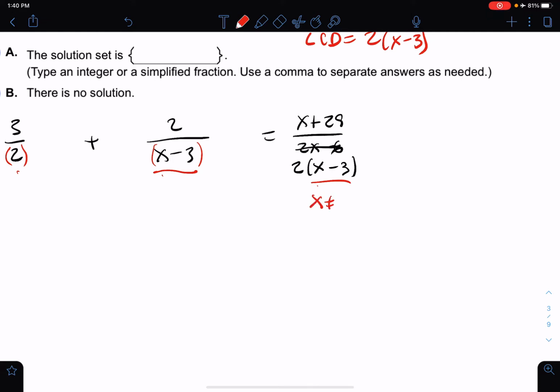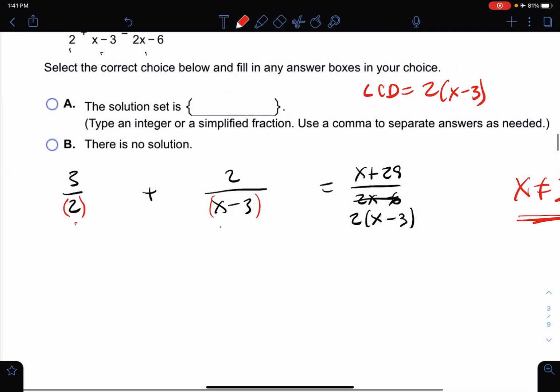If x equals a positive 3, then we would have 3 minus 3, which would make a 0, which we cannot divide by. So that's your only restriction. Let me get rid of some of that stuff. We've got to remember that at the very end, when we're finishing our problem and checking for restrictions.